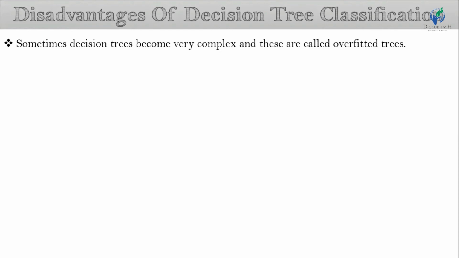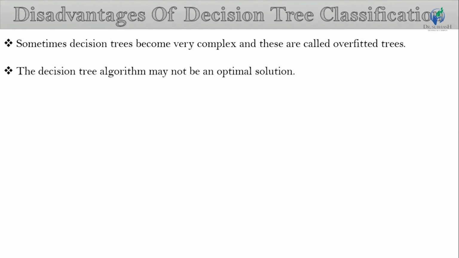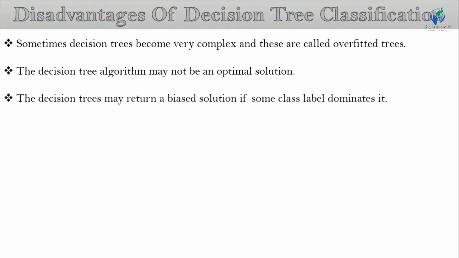Next one is the decision tree algorithm may not give an optimal solution. Next one is the decision tree may return a biased solution if some class label dominates it.